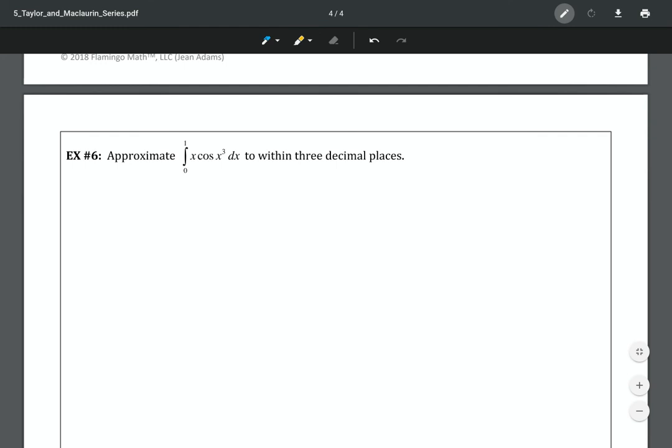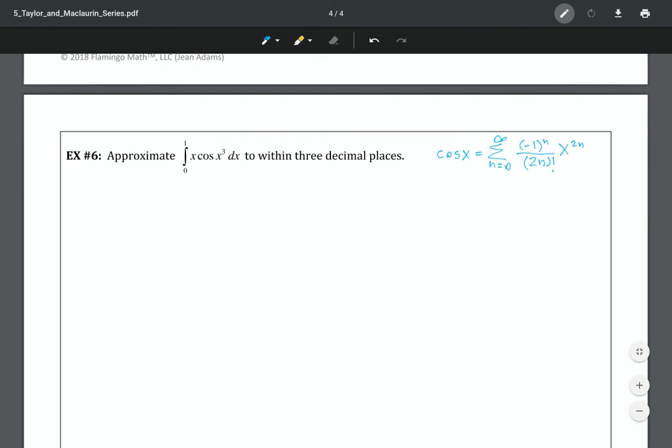For cosine, this is one that you must know. Okay, so that's what I'm going to use here.